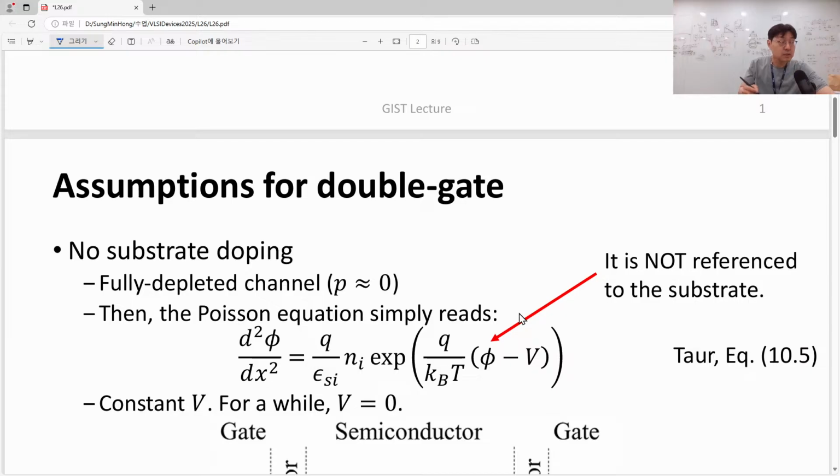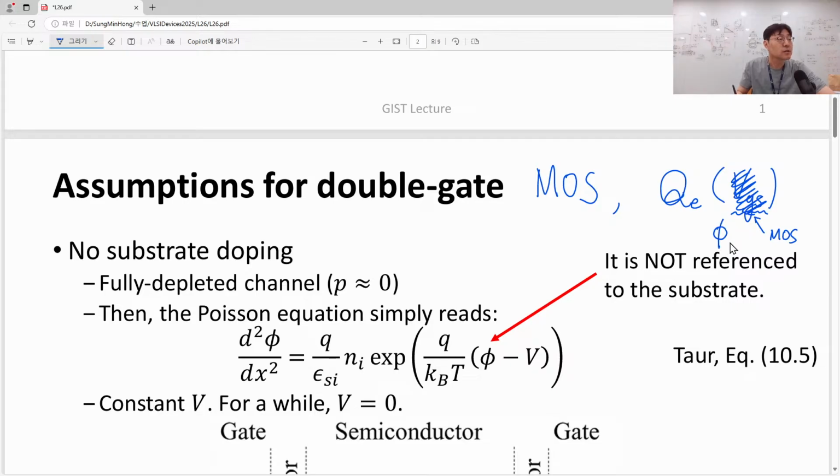I will just consider the double gate MOS structure, and simply calculate the charge density due to inverted electrons as a function of the gate voltage. This is done by considering the MOS equation, but instead I will consider it as a function of, for example, surface potential.